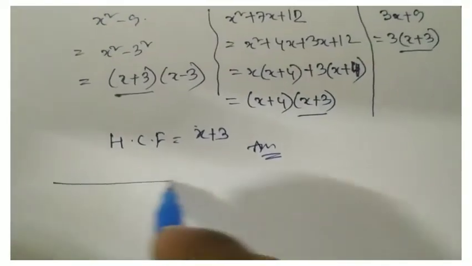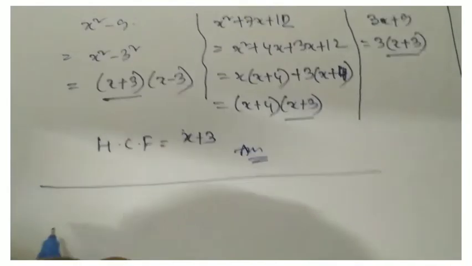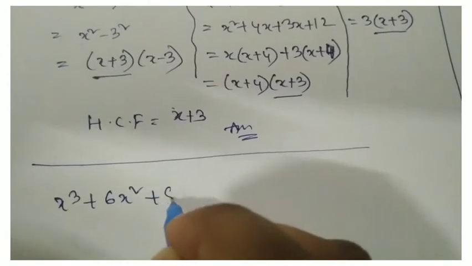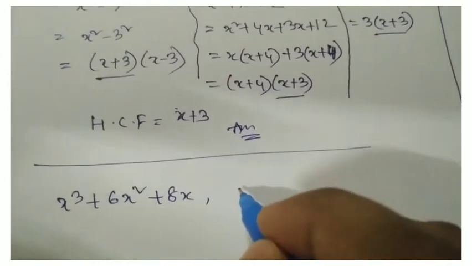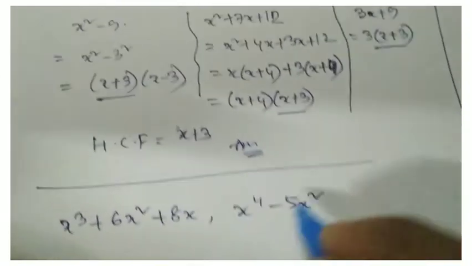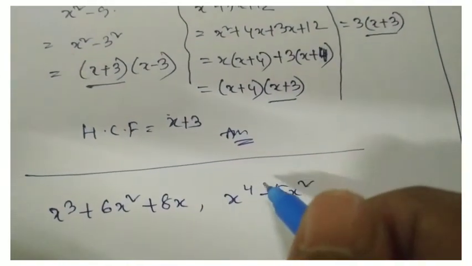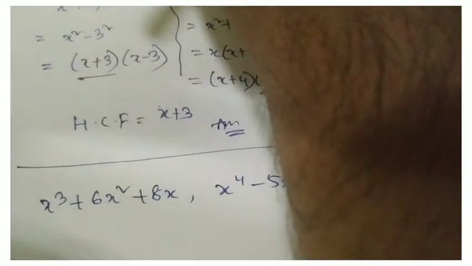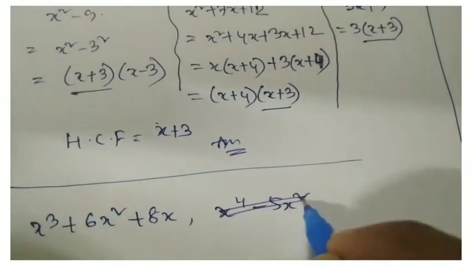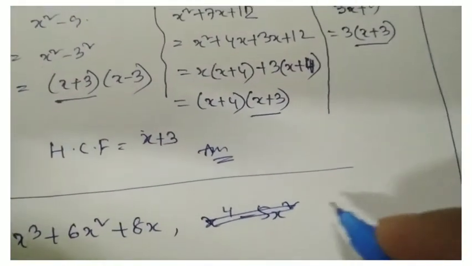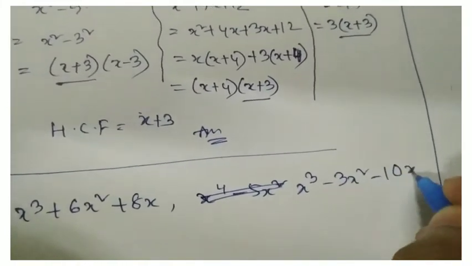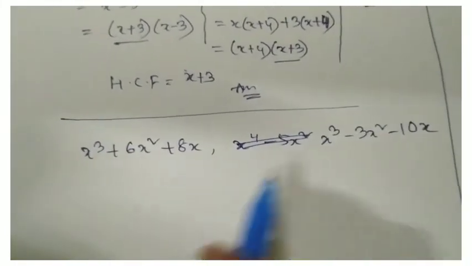Okay, so x cube plus 6x square plus 8x, and, no, not this expression, it's actually x cube minus 3x square minus 10x. I need to find the HCF of these two expressions.